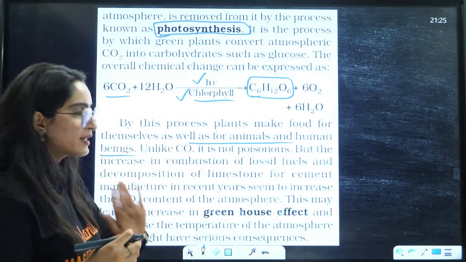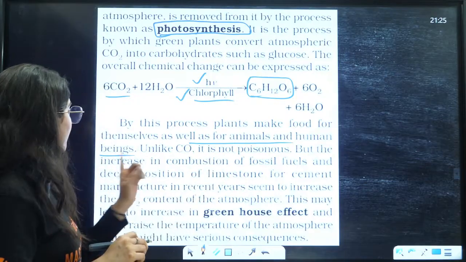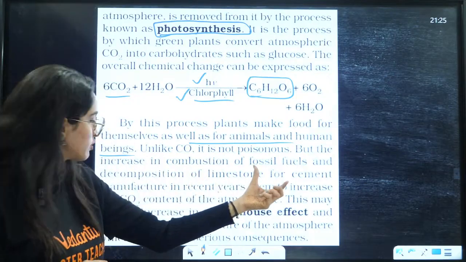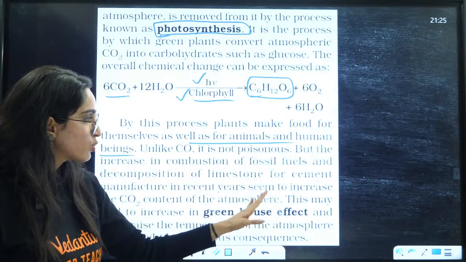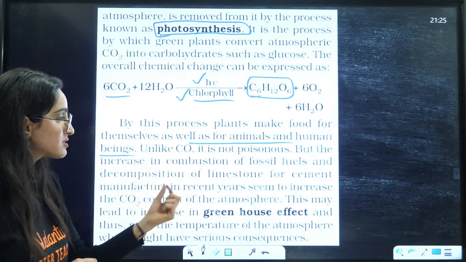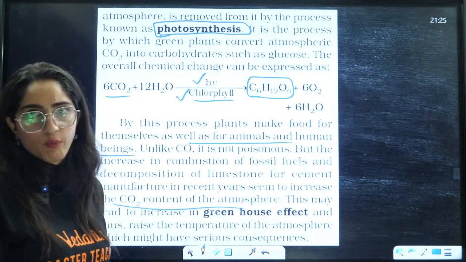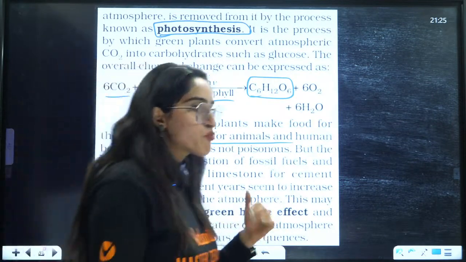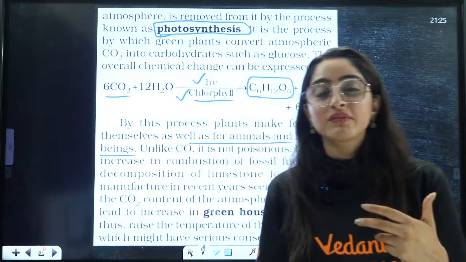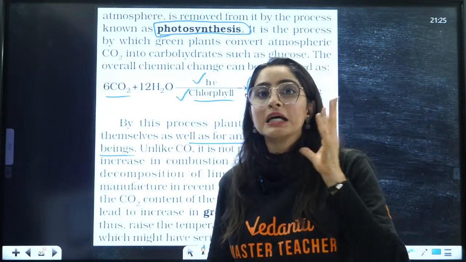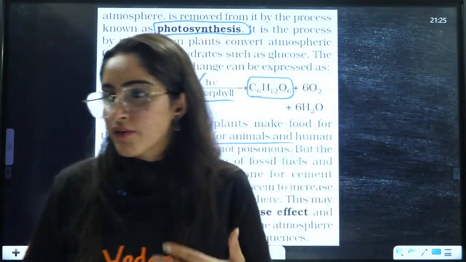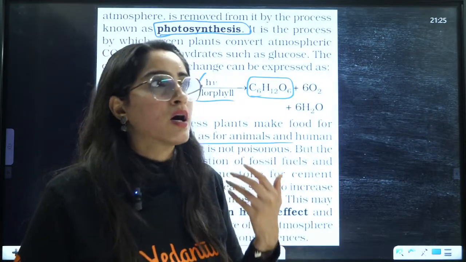Unlike carbon monoxide, it is not at all poisonous, but the increase in combustion of fossil fuels and decomposition of limestone for cement manufacture in recent years seem to increase the CO2 content in the atmosphere. Now, it's not poisonous, but you can't have that much carbon dioxide in the air because of the increasing vehicles and all of these things.